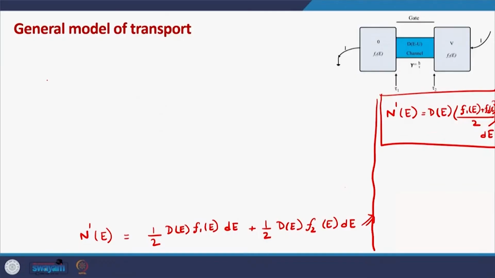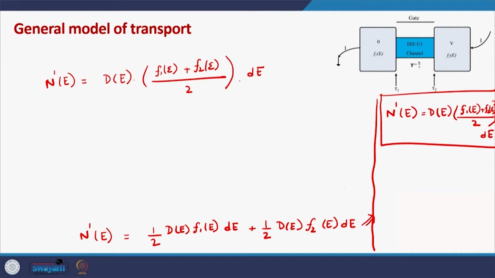So, let me rewrite it here. N prime E is dE times (F1(E) plus F2(E)) divided by 2 times dE.